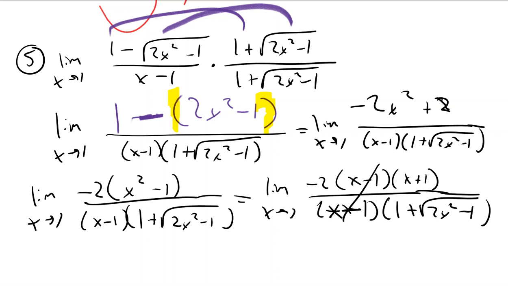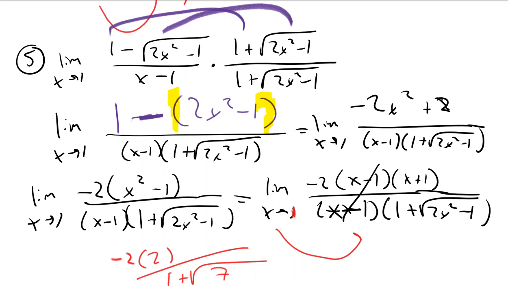And then finally, now that something's canceled, I'm going to try to plug this 1 back in. So negative 2 times 2 on top, 1 plus the square root of 4 times 2 would be 8, minus 1 would be 7. If I'm not doing that arithmetic too quickly.